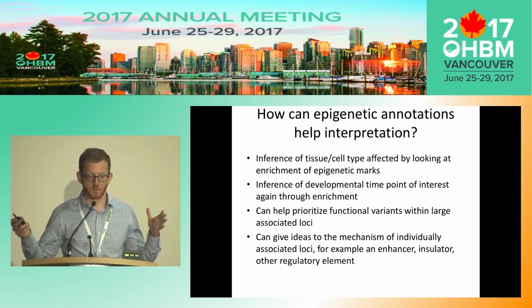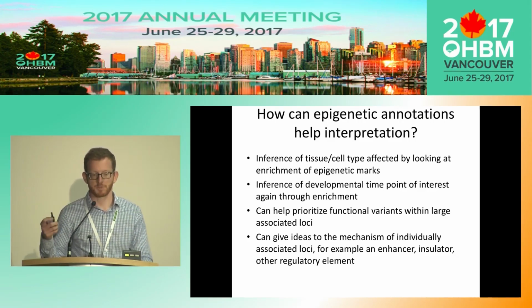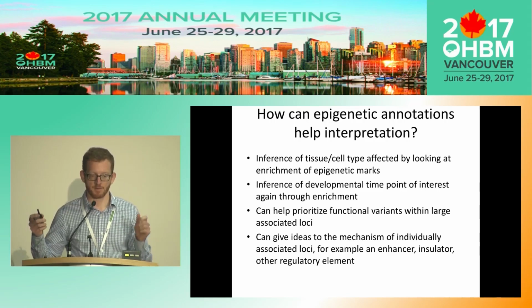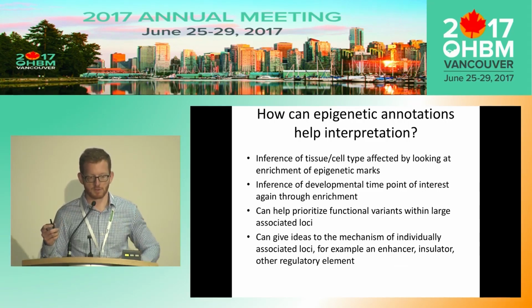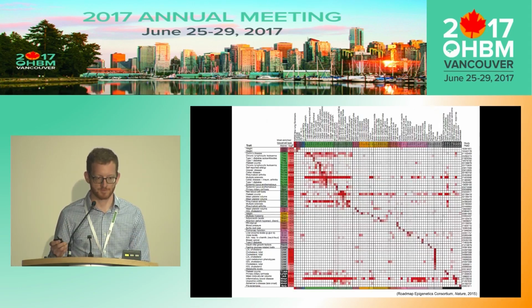Since we have those big loci that are hundreds of kilobases long, it can help us prioritize functional variants within those large associated loci, since we know something about the functionality of those. And it can give us ideas as to the mechanism of individually associated loci. So is it an enhancer, an insulator, or another type of regulatory element?